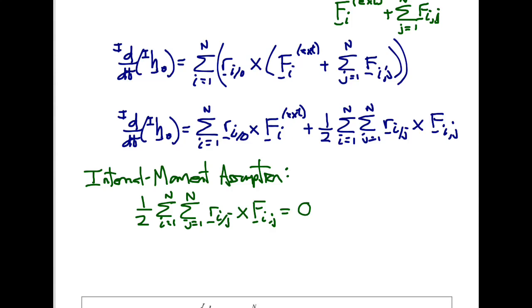So this is stating that the moment caused by any internal forces about particle i by particle j is equal to 0.